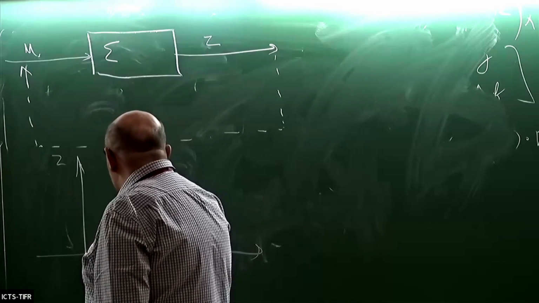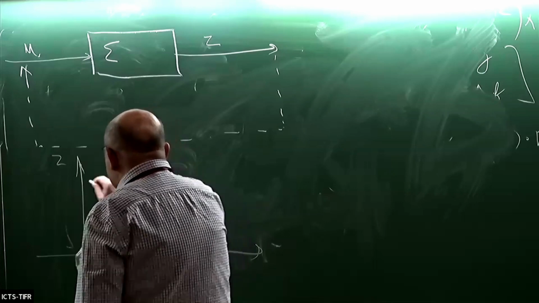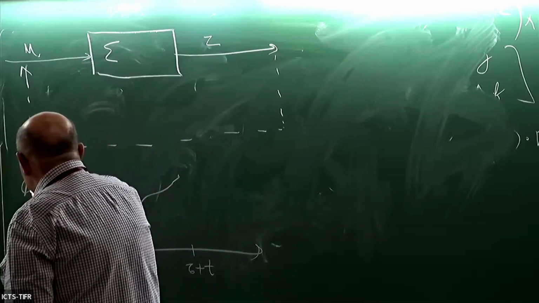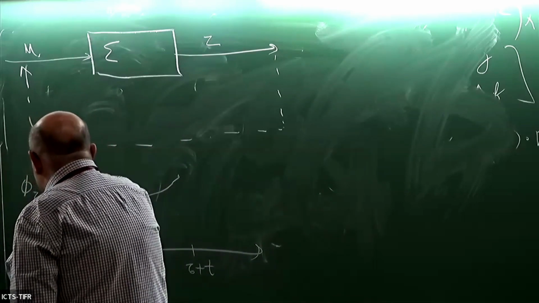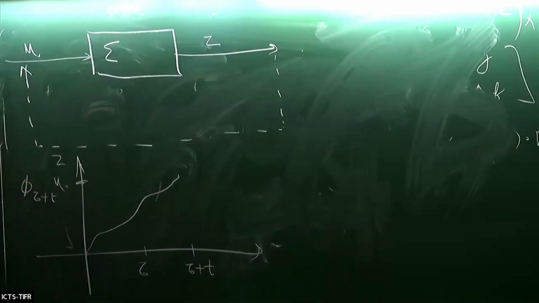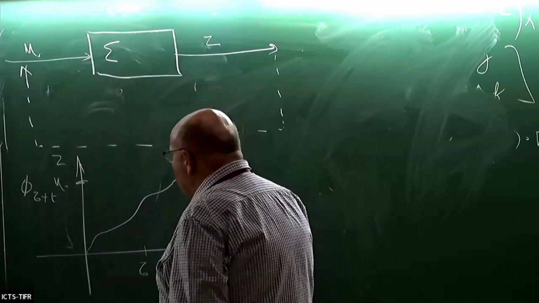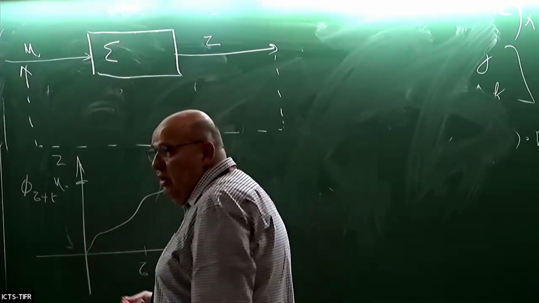I leave from 0, and I reach somewhere. This will be phi tau plus t of u. So this is the representation of the left-hand side. What is the right-hand side? It says that I can reach the same point in the following way.